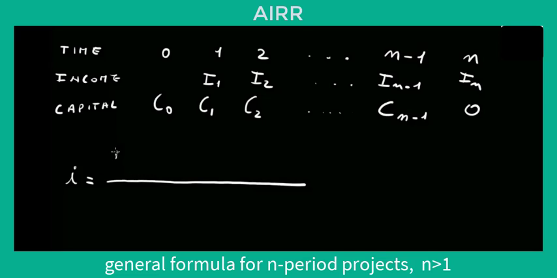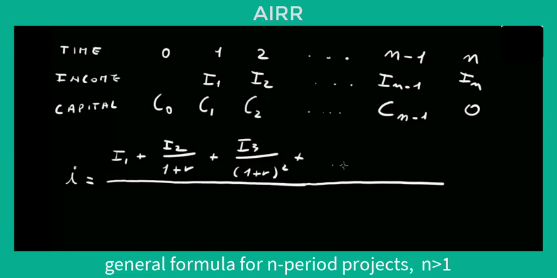Total return is I1 plus I of 2 discounted by 1 period plus I of 3 discounted by 2 periods, and so on until the last income is discounted by n minus 1 periods.